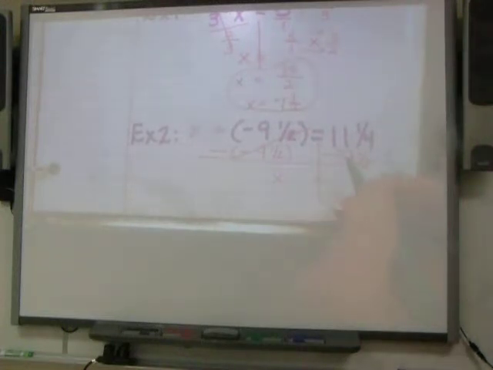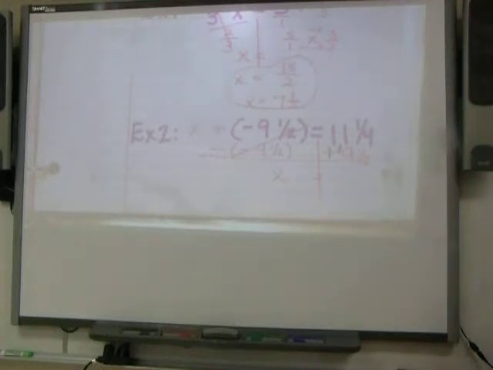And this one is keep, change, change. Anytime you have a subtraction, it is keep, change, change. Now you have two positives, so you're supposed to add.